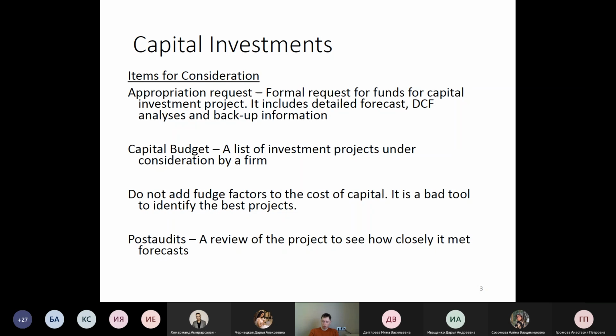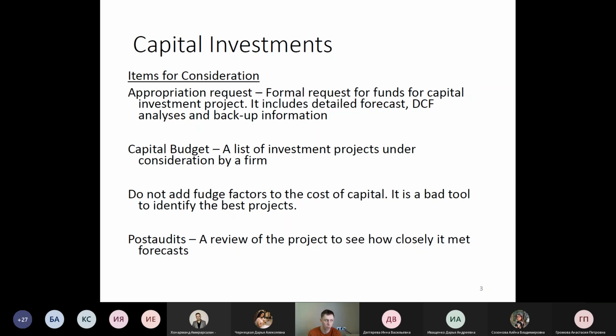The general way it's organized: there are some subsidiaries that have initiatives on new ventures. They present an appropriation request. Then, depending on the availability of resources, the firm would make a decision which projects to choose for investment.